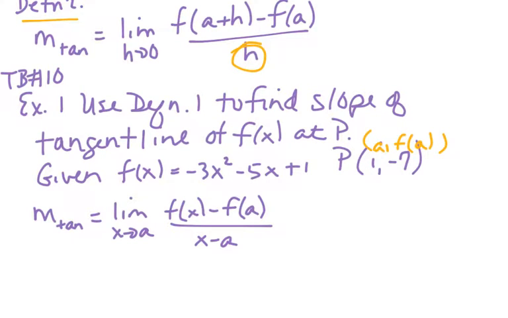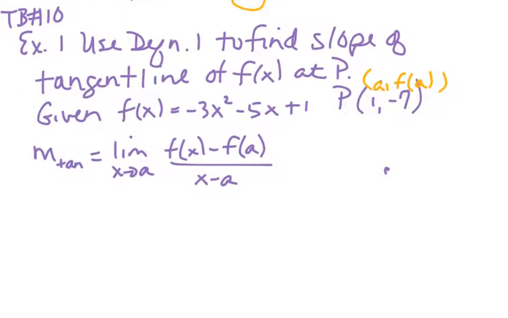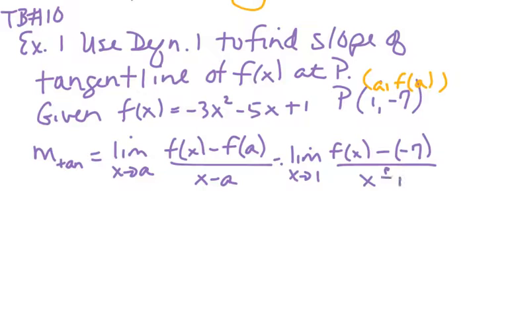So now let's substitute into this equation the information that we have. This is the equivalent of the limit as x approaches a, which is 1, of f of x, I'm going to substitute that in a minute, minus f of a, which is negative 7, all over x minus 1. So let's substitute now in the function.